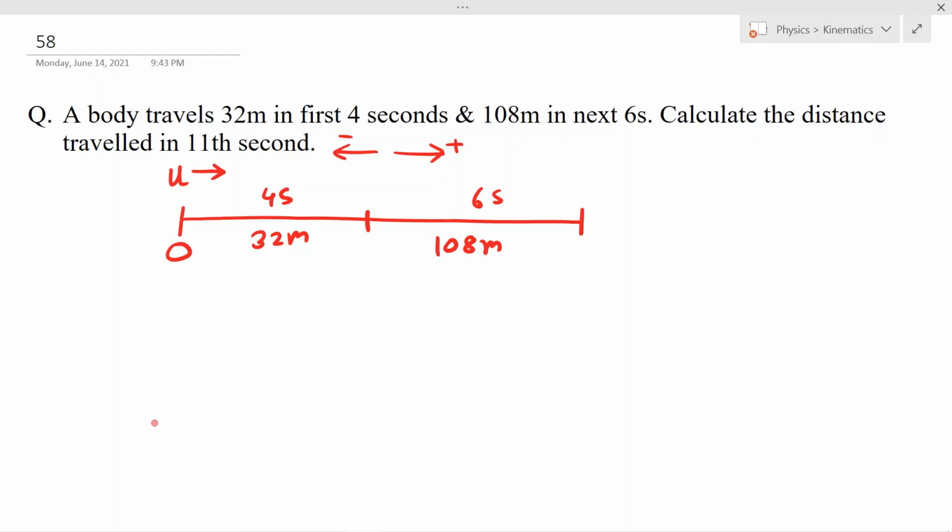Now obviously this is accelerated motion, because if I take the ratio of distance and time here, it will be 32 by 4 and here it will be 108 by 6.